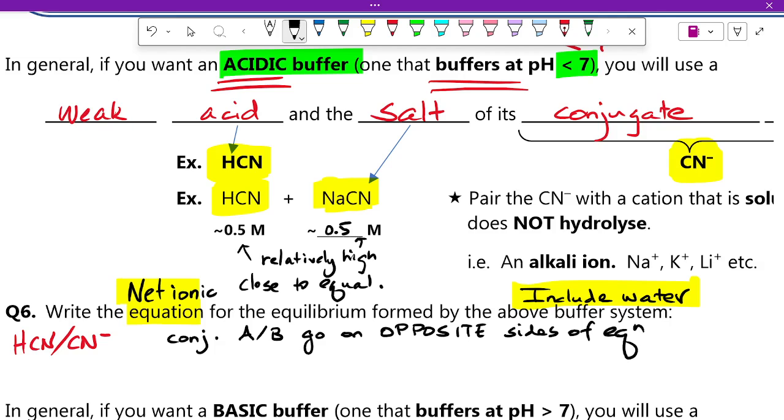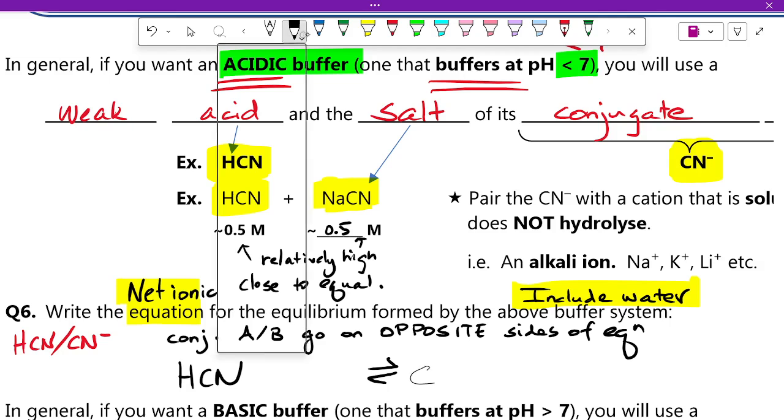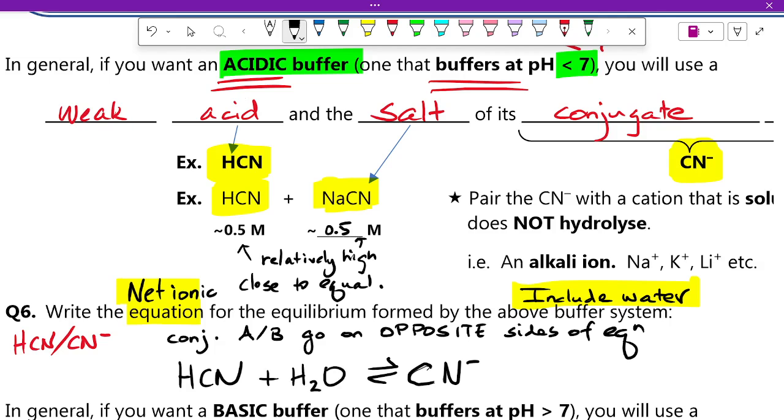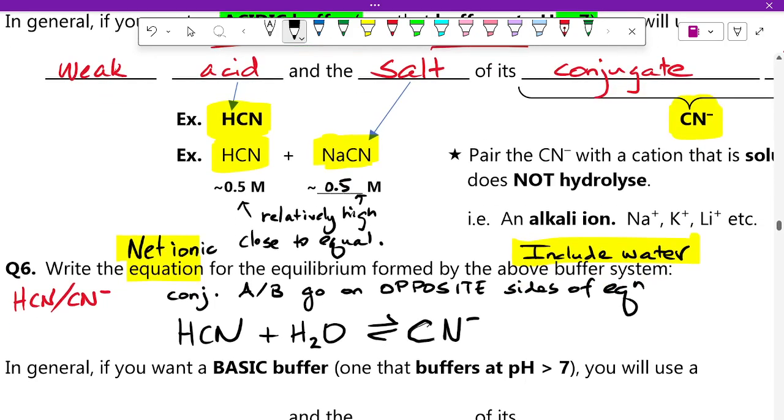So we have HCN on one side and on the other side, CN minus. And what else did I say to include? Water. So where shall we put the water? Let's put it on the left side, okay? H2O. And that will give us HCN plus H2O gives CN minus plus H3O plus.